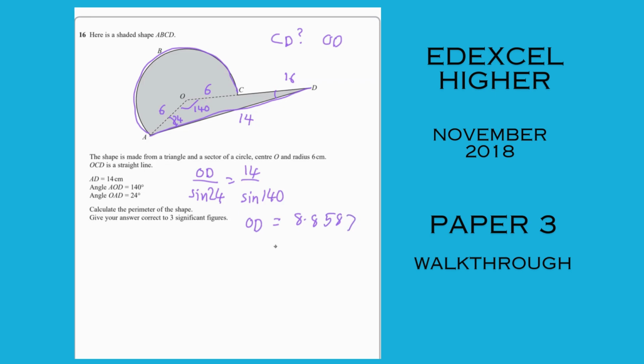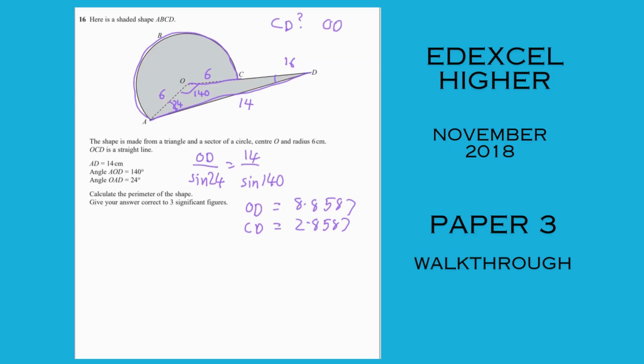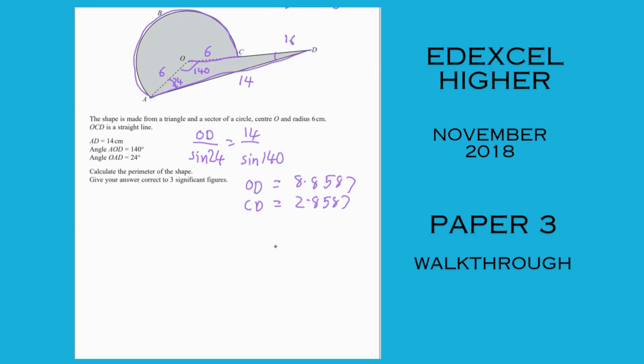But more importantly, that tells us what C to D is. If we take away the radius, minus 6, we get 2.8587.